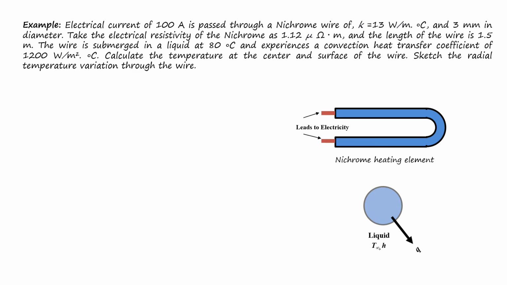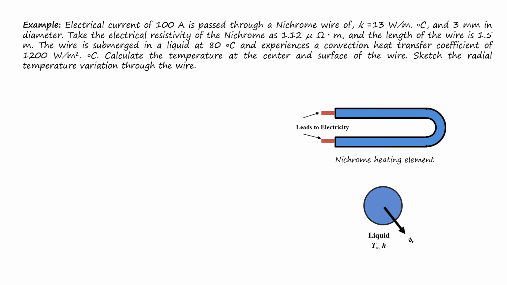If we assume the electrical resistivity of the nichrome as 1.12 micro ohm times meter, and the length of the wire to be 1.5 meter, the wire is submerged in a liquid where heat is dissipated to that liquid, and it was at 80 degrees Celsius with a convective heat transfer coefficient of 1200 watt per meter square degree Celsius.